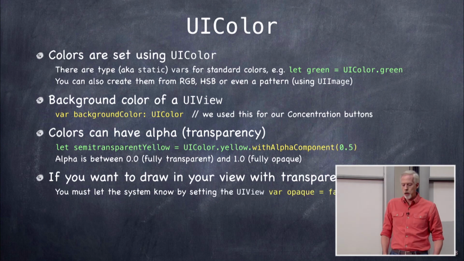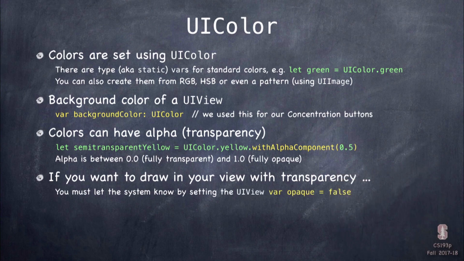If you want to draw in your view with transparency, though, be very careful, because the system assumes by default that your view only draws opaque, okay? It only draws with fully opaque colors. If you actually draw with transparent colors, you have to set a var on the view called opaque to false. Now, why does it do this?